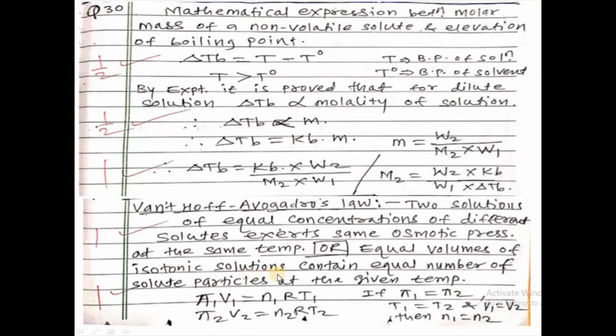And isotonic solutions contain an equal number of solute particles at the given temperature. Pi1 V1 is equal to n1 RT1. The question is state and explain Van 't Hoff Avogadro law, and this is the law and it is the explanation.